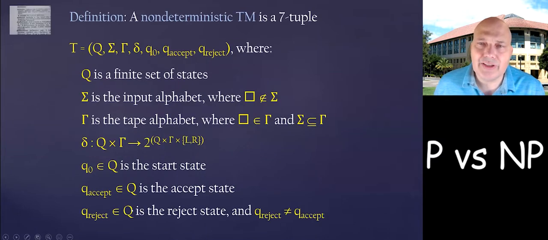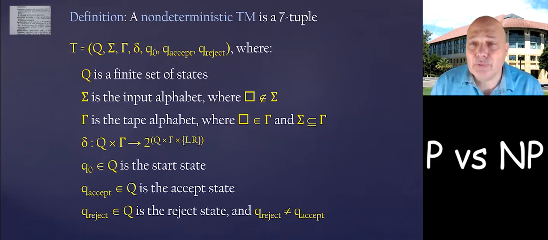So more formally, a non-deterministic Turing machine is still a 7-tuple with all of these ingredients. Q is a finite set of states.